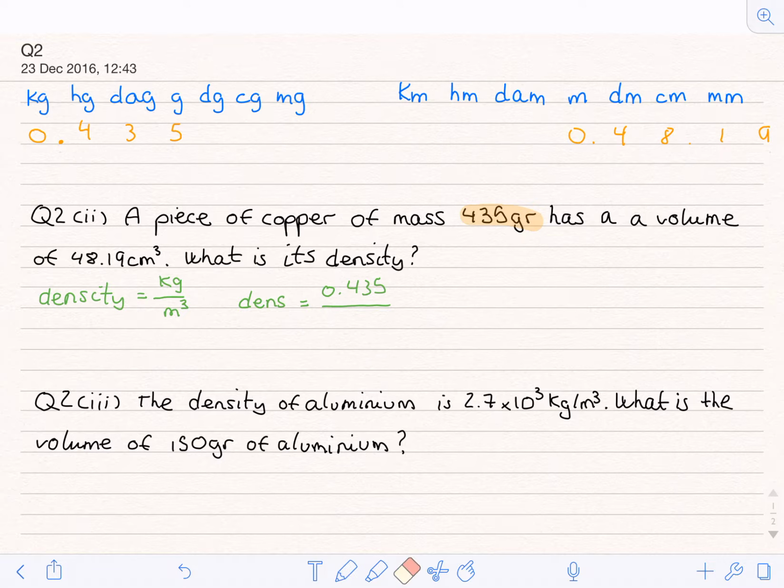The problem is that's not right, because that's meters cube. So for any number that's cube or square or to the power of 4, here we did steps. We did one step from grams to decagrams, 2 steps, and 3 steps. So we did 3 steps to reach kilograms from grams.